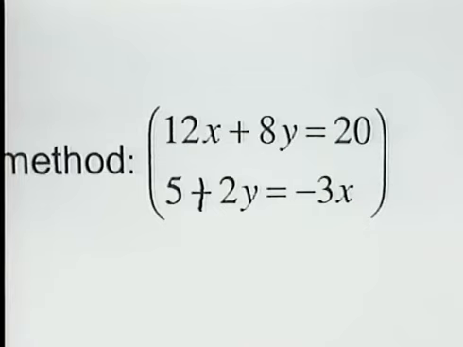I took the second equation and rewrote that as 3x plus 2y equals negative 5. So let me rewrite the system on the sideboard again. So I had 12x plus 8y equals 20.